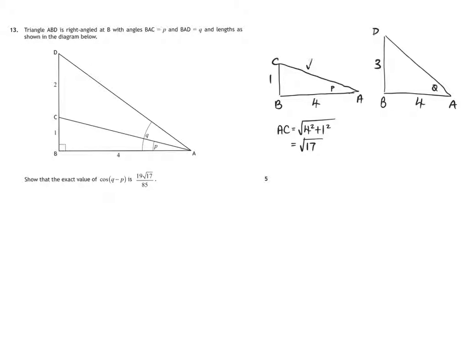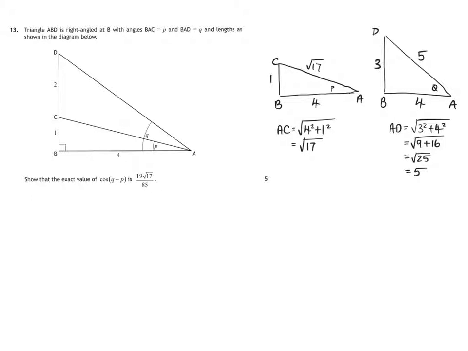Oh, look, we're getting something that's in our exact value solution, so we know that we're headed in the right direction. And then this one, we should be able to see that it's a 3, 4, 5 Pythagorean triple triangle. If you needed to, you could go AD is equal to the square root of 3 squared plus 4 squared, which would work out as the square root of 9 plus 16, it's the square root of 25, which equals 5, just to show you that that is correct, okay?